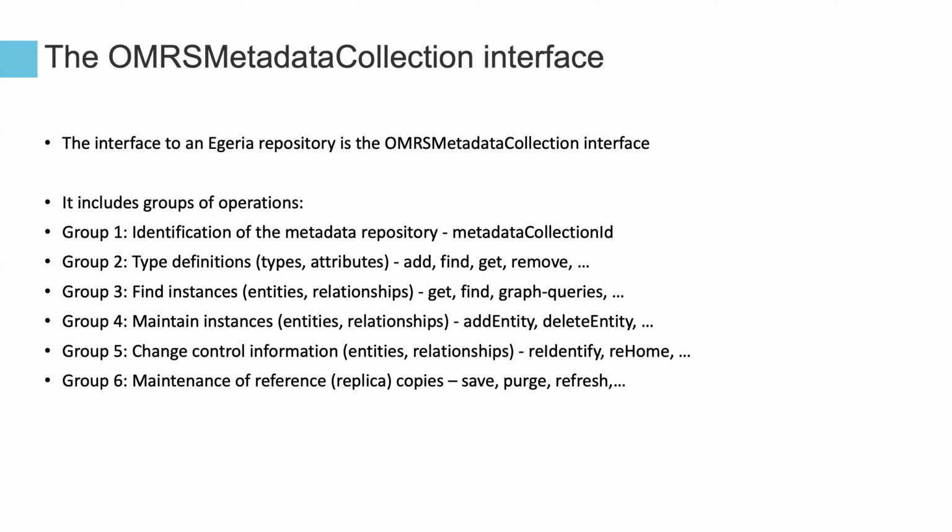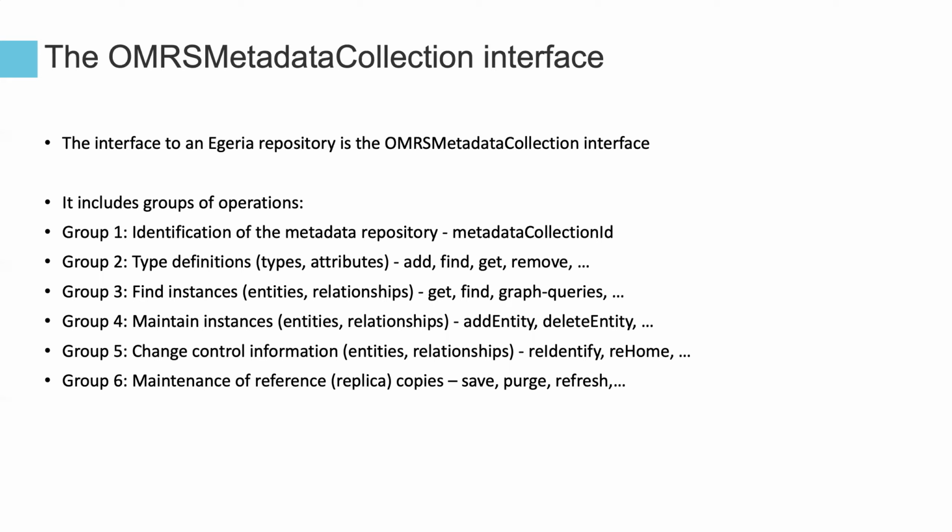That uniquely identifies this metadata repository on the network. Group 2 is all about types. It's about type definitions and attribute type definitions. You can add them, find them, retrieve them, and remove them. It's also possible to update types as Egeria releases come out, and to ship type patches or new types.